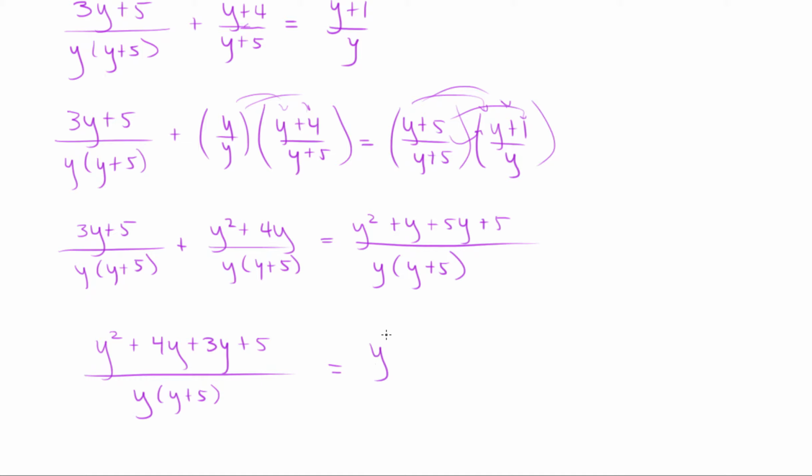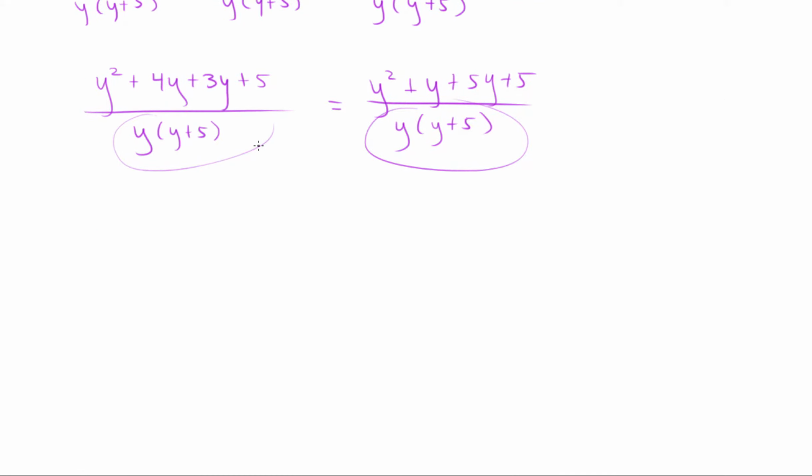Notice that having the same denominator on both sides, once we cross multiply, the denominators are going to equal 1. So if I multiply y times y plus 5 on both sides, these denominators are going to cancel out. By doing that, I don't have to even write it. We can jump that step and go straight to the numerators equal to each other.